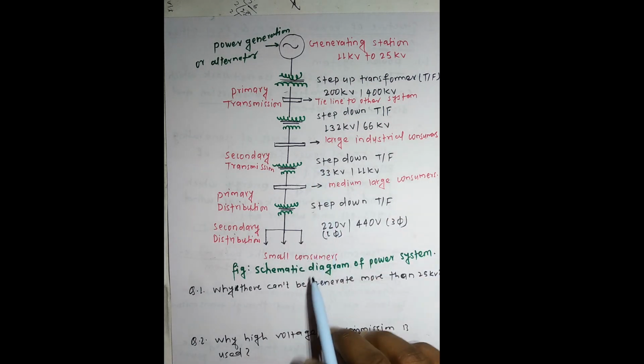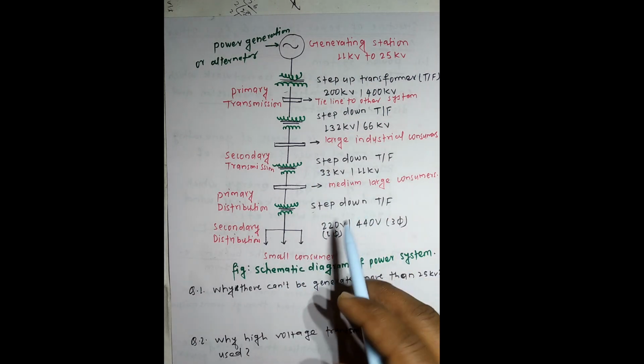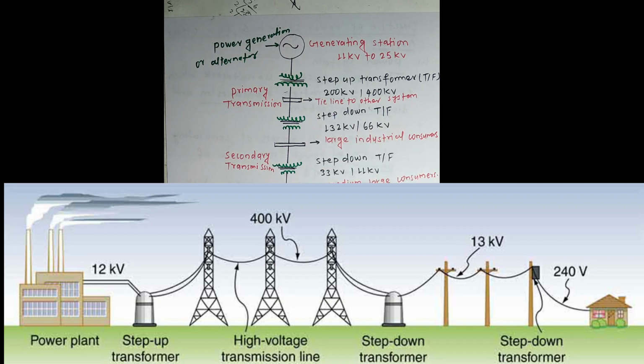Now let's see the schematic diagram of the power system. This diagram shows how we generate, transmit and distribute the power. First, let's understand the symbols, which are of main importance. This symbol represents the power generator or alternator. This is the standard symbol that represents a transformer.